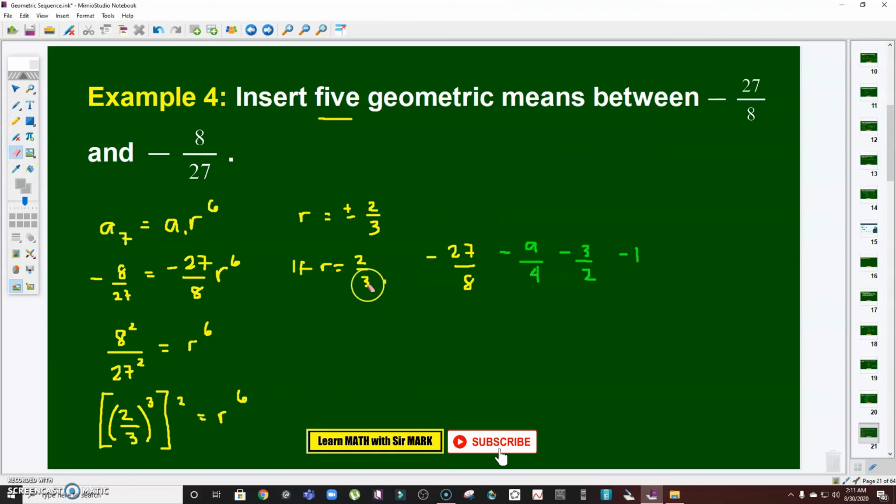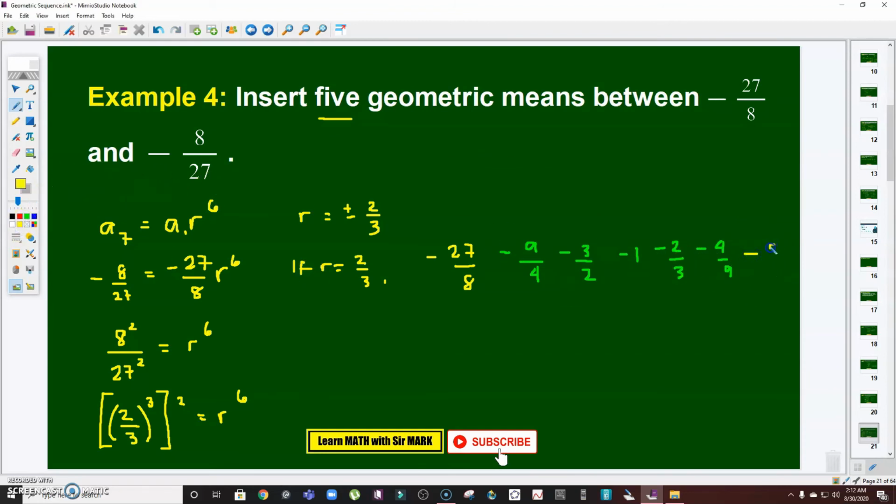So, negative 1 times 2/3, actually, that's it. So, that will become negative 2/3. Times 2/3, that will become negative 4 over 9. And lastly, negative 4 over 9 times 2/3, that will be negative 8 over 27. Okay, let me use yellow.